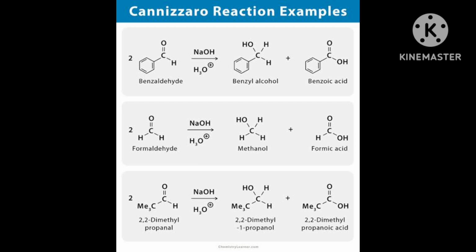In the reaction, two molecules of aldehyde are used. Aldehyde means the CHO group. Take formaldehyde as an example, HCHO. With the carbon, two hydrogens are attached and one oxygen is attached.